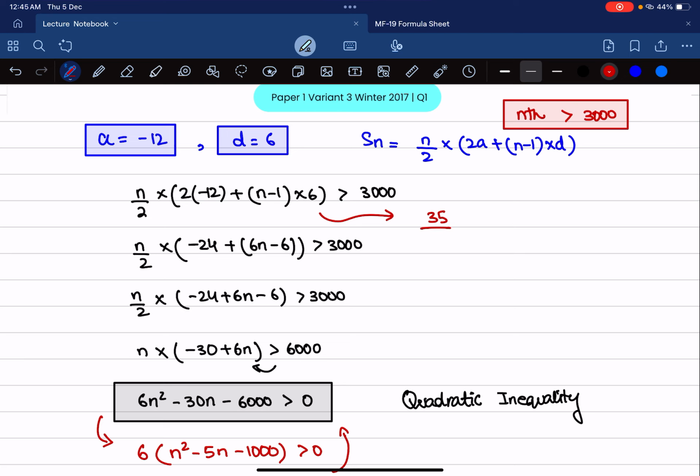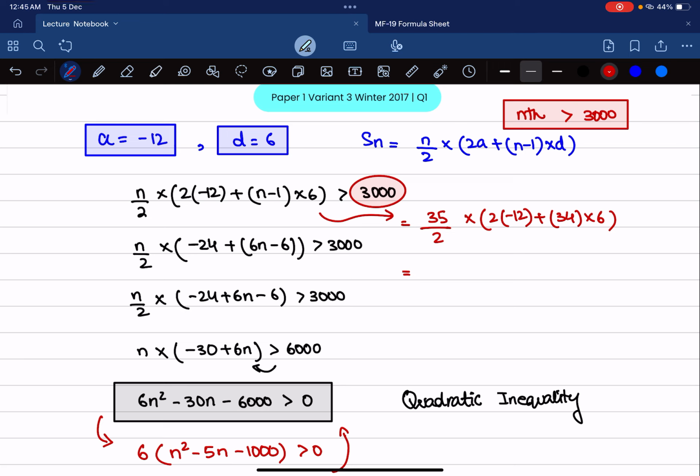So in this case we are going to put 35 divided by 2, multiplied by 2 multiplied by minus 12, plus n minus 1, which is 35 minus 1 is 34, and you are going to multiply it with 6. So you must get a sum which should be greater than 3000. So let's calculate and see whether we are getting the same answer or not.